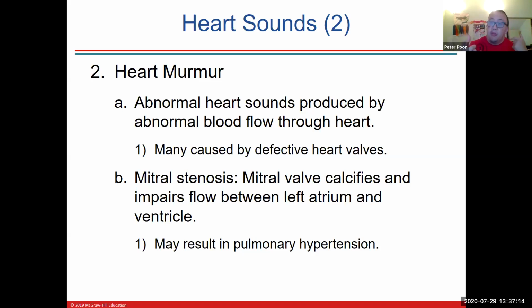Let me explain why. If the mitral valve calcifies, then it's hard to get blood from the left atrium to the left ventricle, so the blood stays there and backs up into the pulmonary circulation, which is why you get pulmonary hypertension.